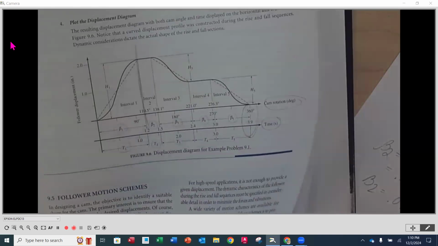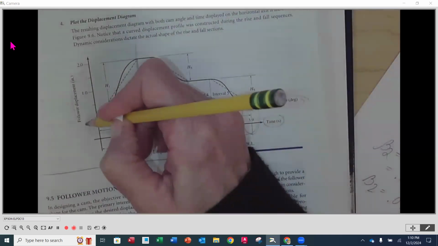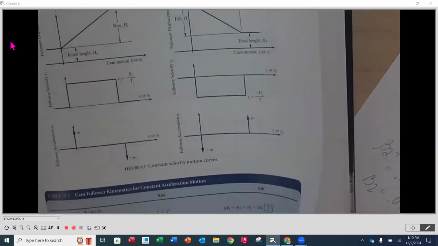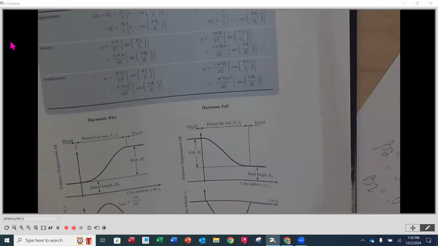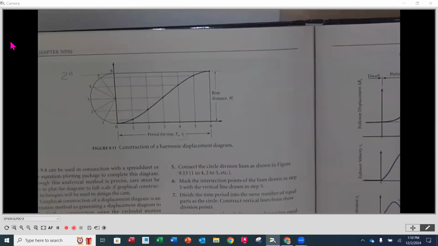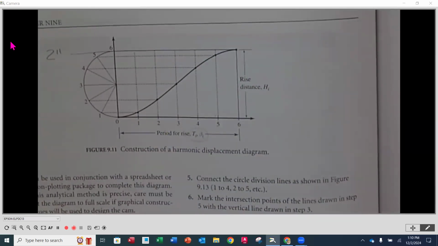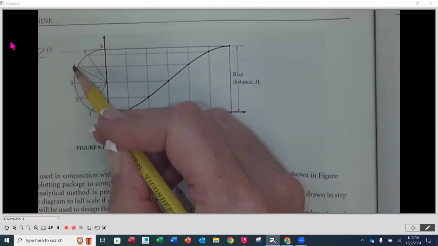So now what you do is, for instance, if we're looking at just this chunk right here, we've got a half circle equal to 2 inches. Back up here, page 232, we're going to break it into 6 equal parts. Okay. So if we look here, my 0 is going to start down here. Then I'm going to have 1, 2, 3, 4, 5, 6.